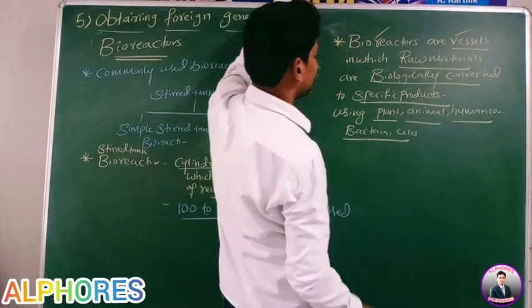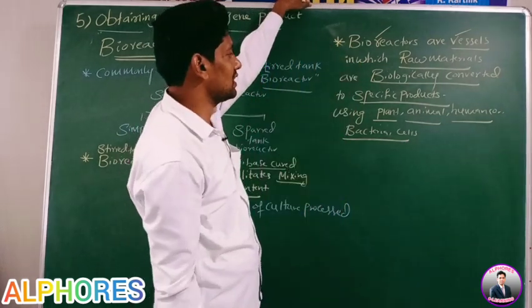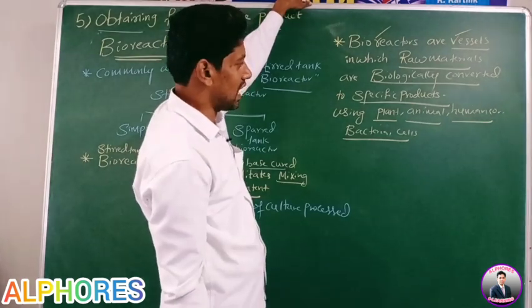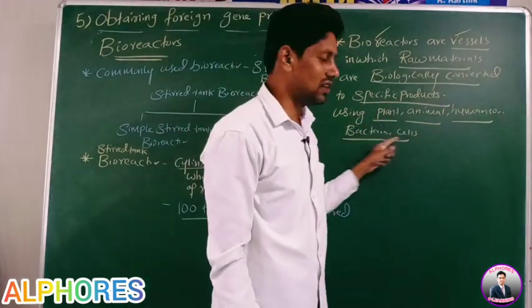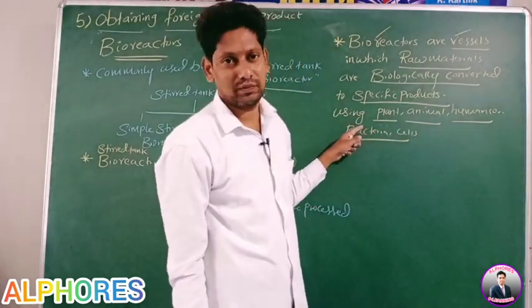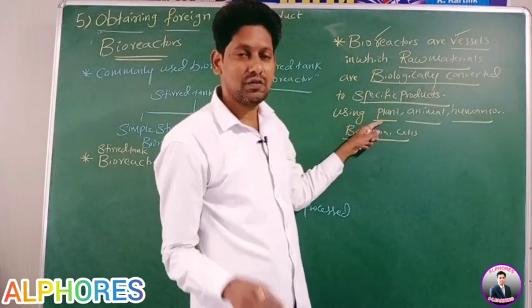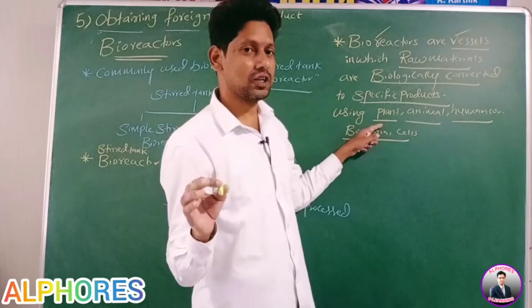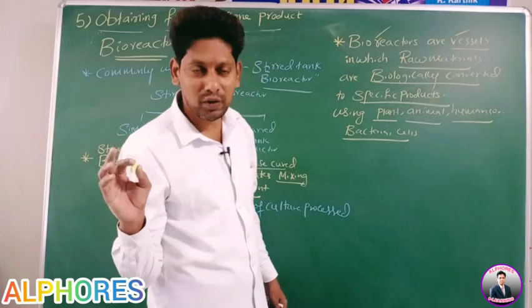Therefore, bioreactors are vessels in which raw materials are biologically converted into specific products using plant, animal, human or bacterial cells. Sir, all these act as what, sir? Host cells. But whatever conditions are required for culturing of these host cells, all the conditions should be artificially provided inside the bioreactor.